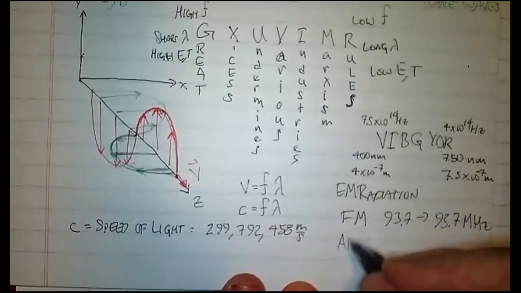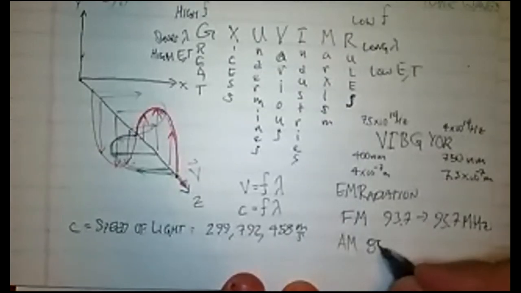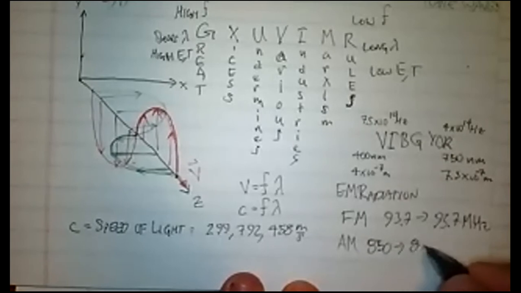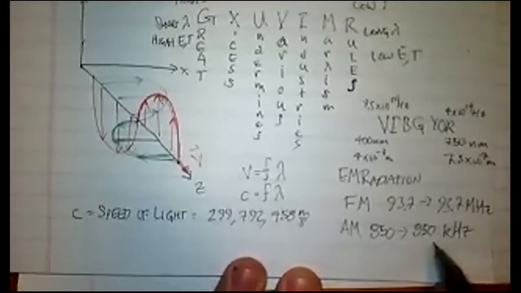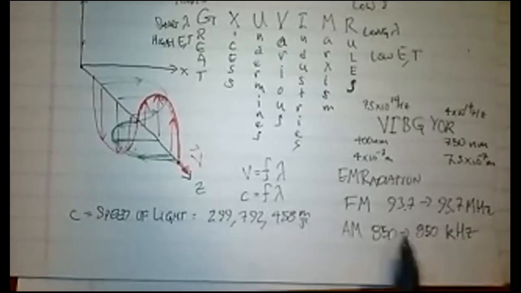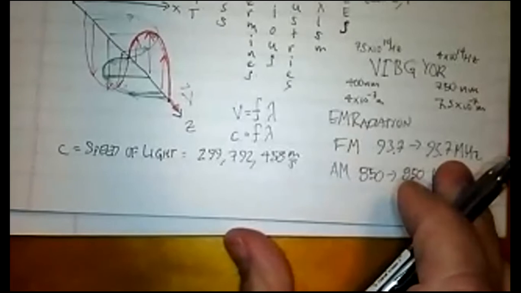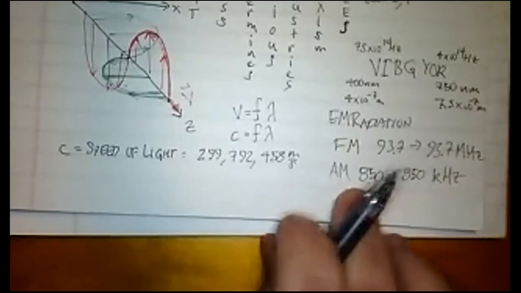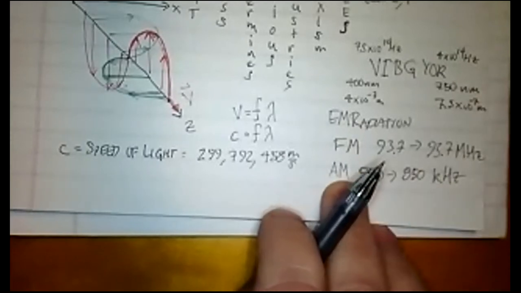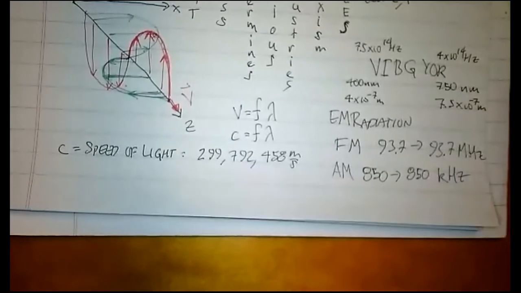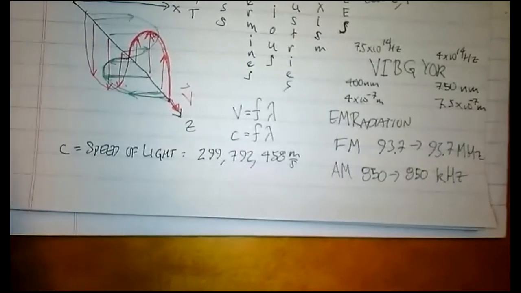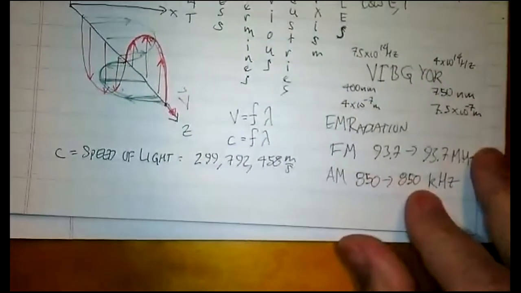And that AM, like 850, means it's 850 kilohertz. So that's 850 times 10 to the third. So if you need to calculate that stuff, you've got to know that megahertz is what the FM dial is measured in, and kilohertz is what the AM dial is measured in. So other than that, those problems are very, very trivial.